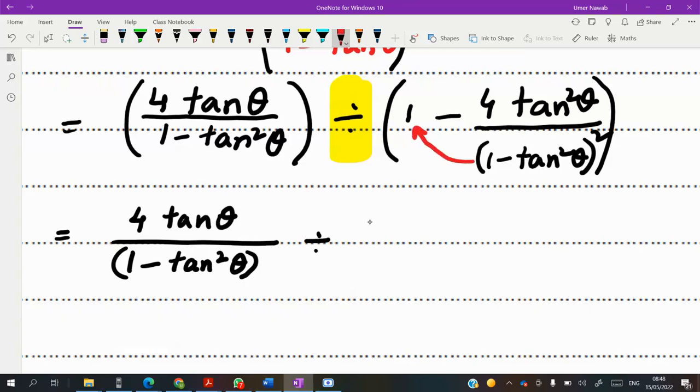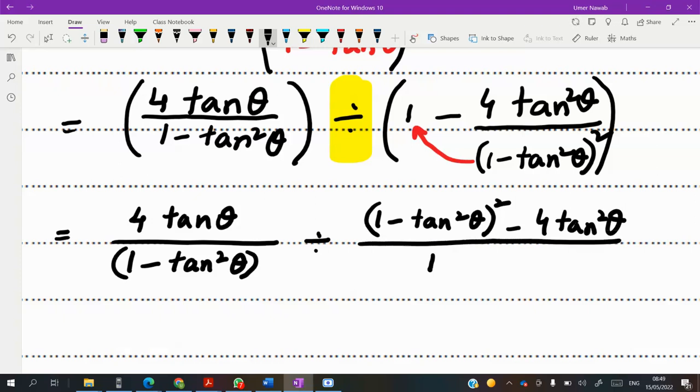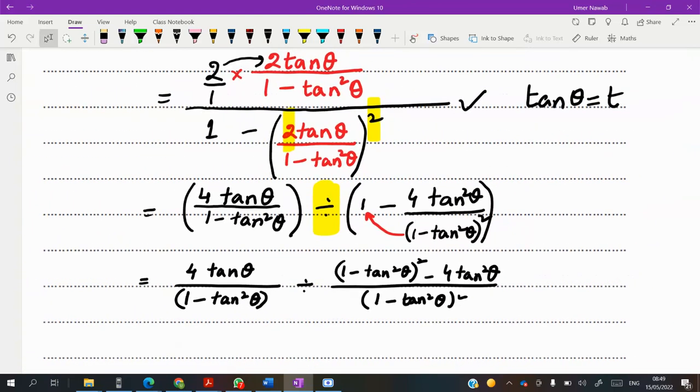So it gives us 1 minus tan squared theta whole squared minus 4 tan squared theta over 1 minus tan squared theta whole squared. Imagine just a moment ago I said that why not I can replace tan theta by t. Look, I forgot to replace tan theta by t. The expression looks very messy.